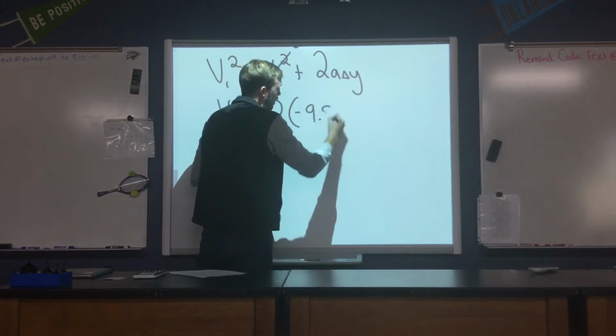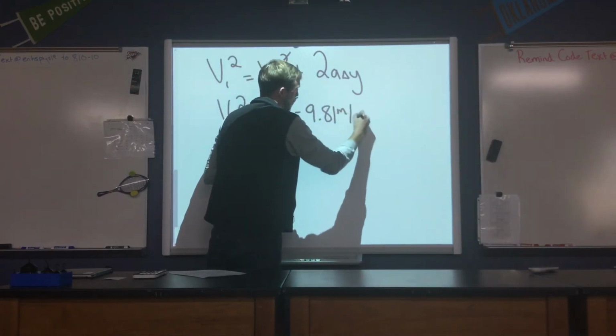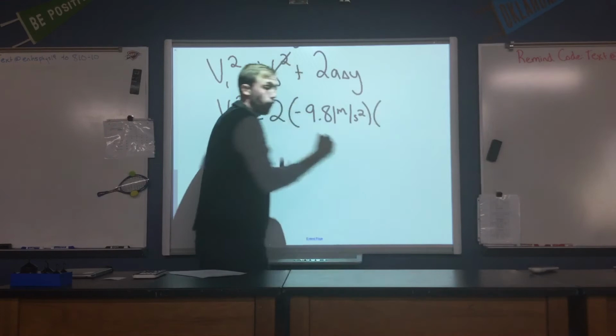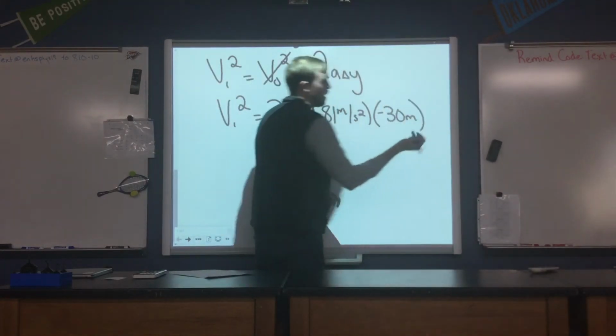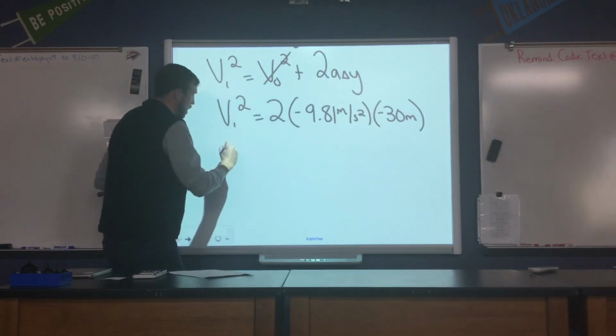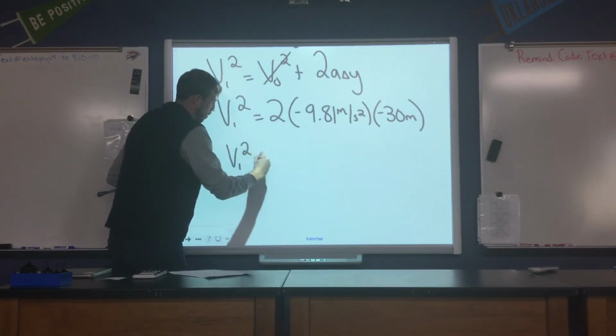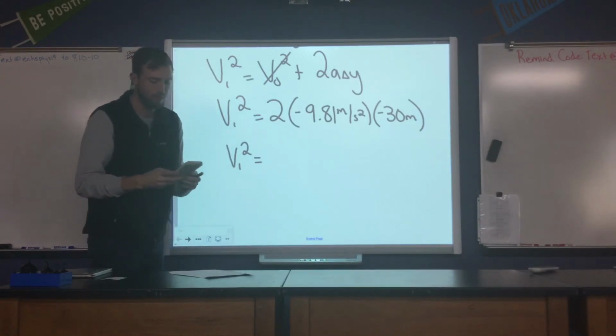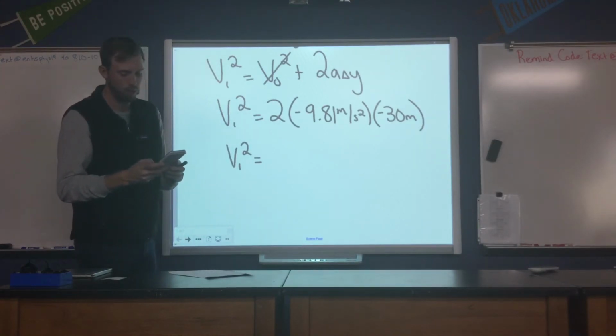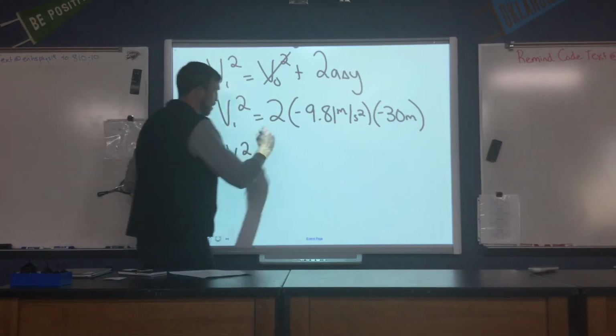Acceleration in the y direction, negative 9.81 meters per second squared, our value for the Earth, and our delta y, 30 meters downward vertically, so negative 30. So V1 squared, I can take a moment, multiply 2 times negative 9.81 times negative 30. If you're watching, I would suggest you do this on your own. And we get about 588.6.